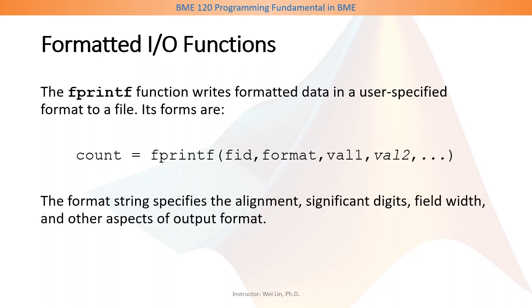The format string specifies how the data is displayed, or how the data is organized in a text. It specifies the significant digits, the width of the field, and all other aspects of the output format.